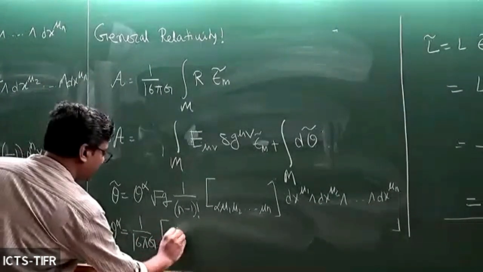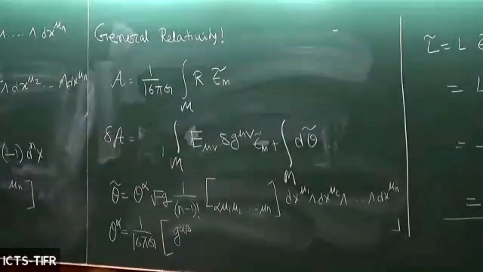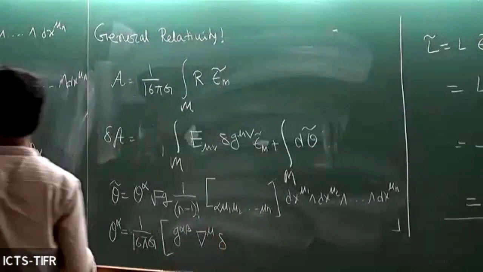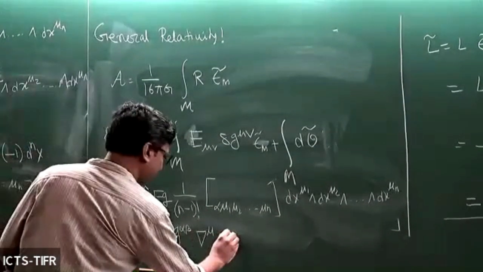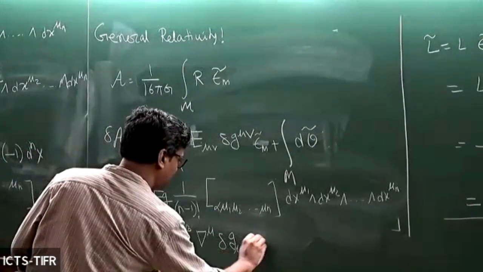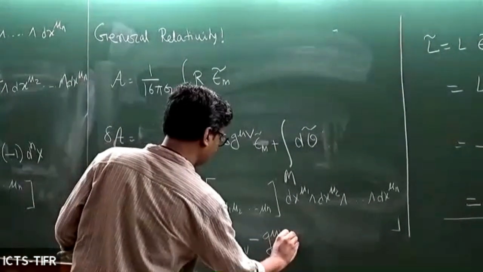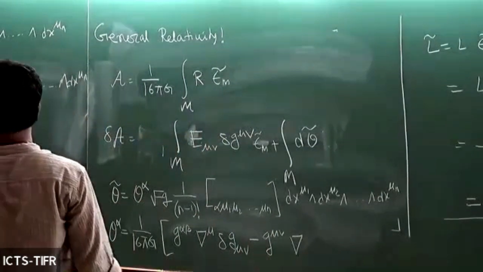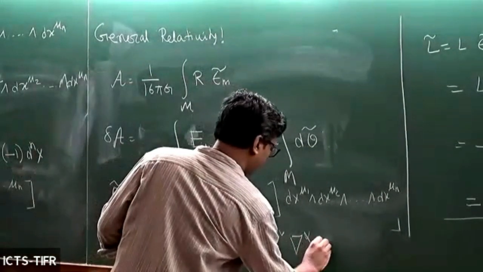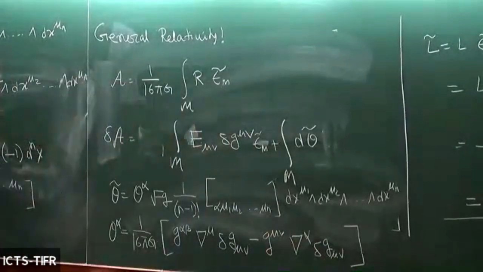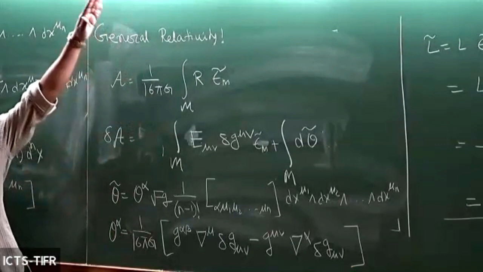G alpha beta, del mu delta G beta mu, minus G mu nu, and I will have del alpha delta G. Okay, clear? So even if you forget everything, this is the chart which is important.